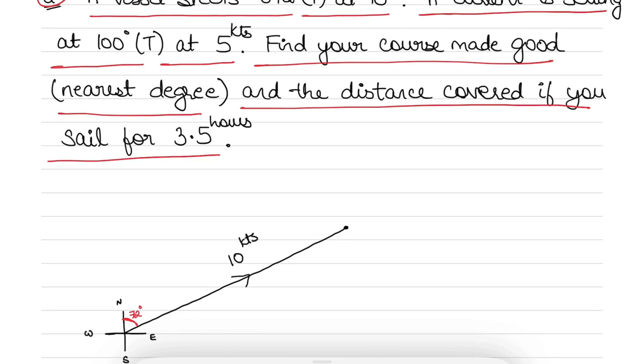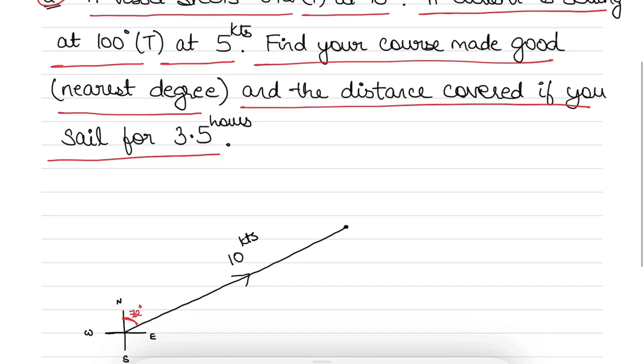That is the speed of the vessel. Now let's say this is the line that I have drawn, and it is 10 knots. If we were drawing it to scale, and 1 centimeter equals 1 nautical mile, it would be 10 centimeters, but we don't worry about that because we are going to use maths. We are not using drawing.